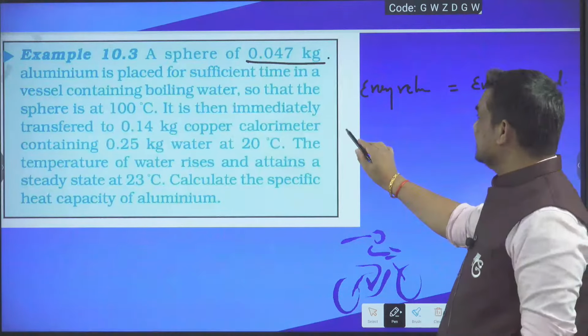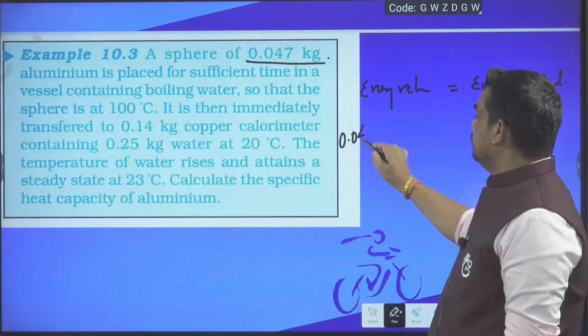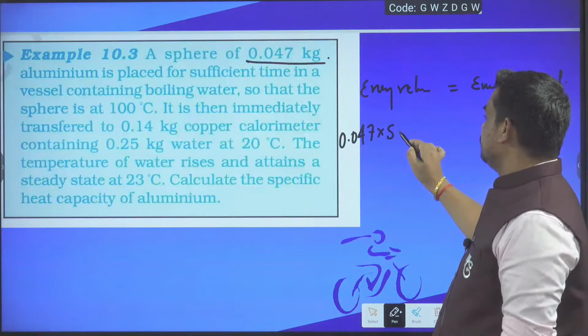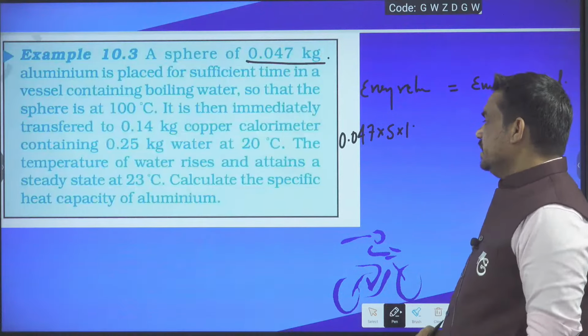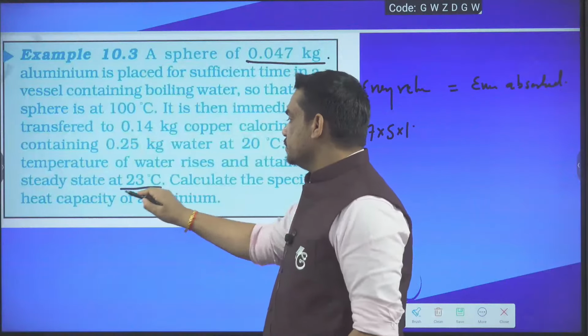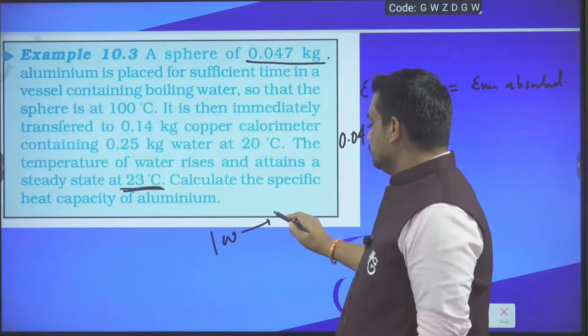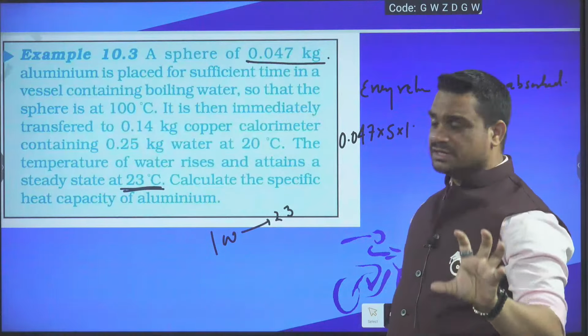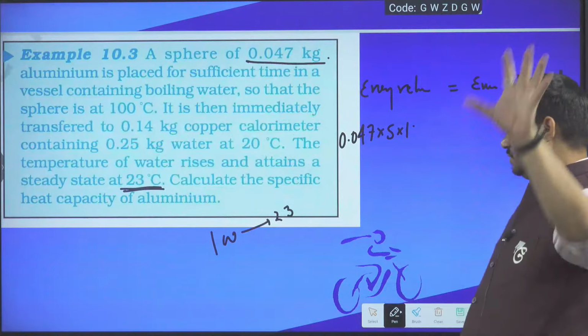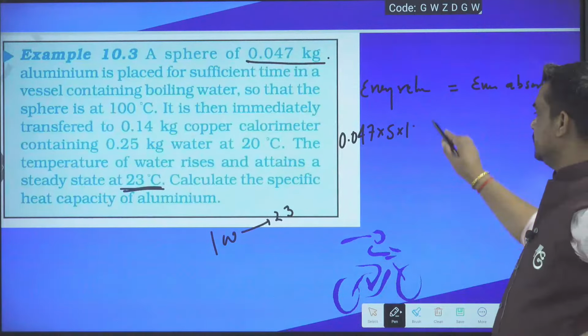So we can write here 0.047 into specific heat, which we have to find. Delta theta in this case: steady state is given as 23, and earlier the temperature was 100, then it comes to 23. So the temperature change becomes 77.